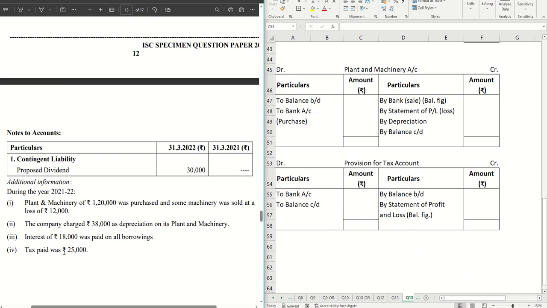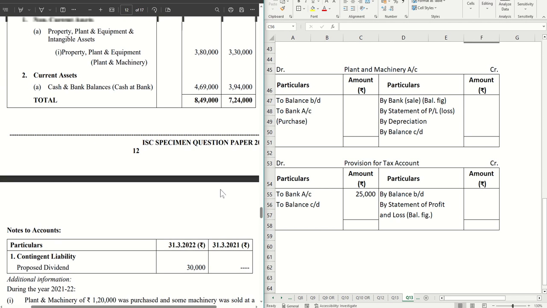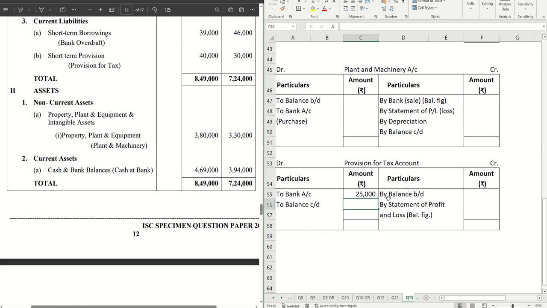Tax paid is 25,000, so that goes to the bank account, 25,000 tax paid. Then you have to put your opening and the closing balances here, which are 30,000 and 40,000. So 30,000 as your balance b/d and to balance c/d is 40,000. So the statement of profit and loss that you get here becomes 35,000.